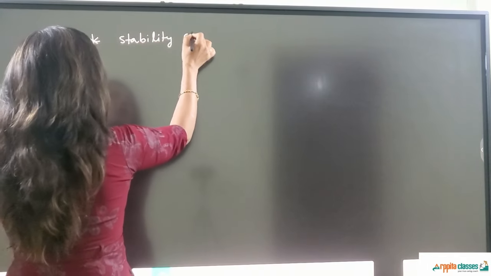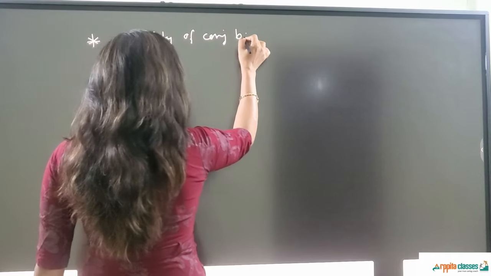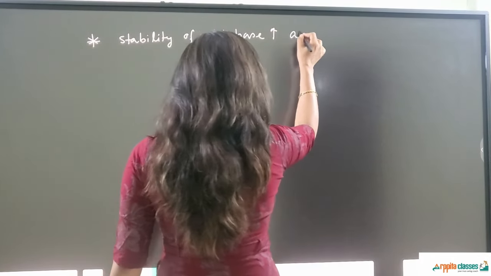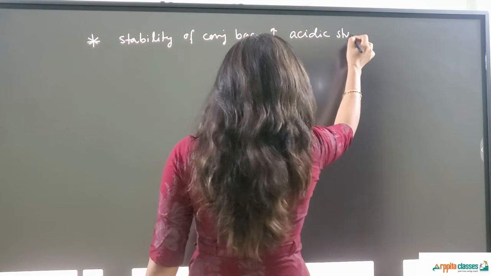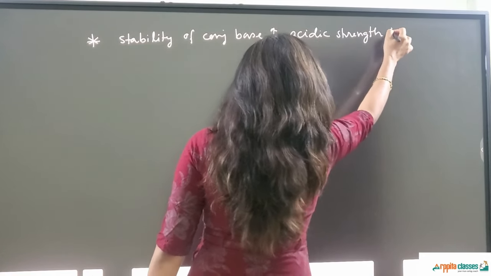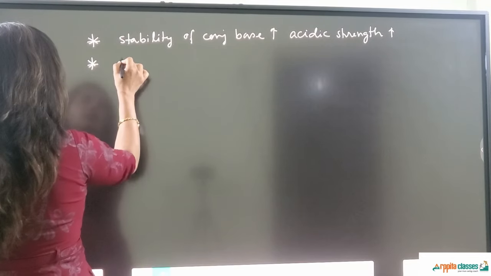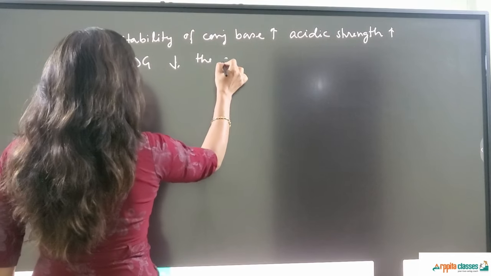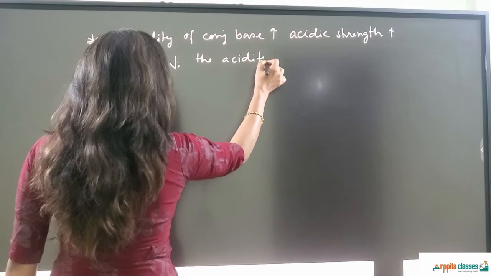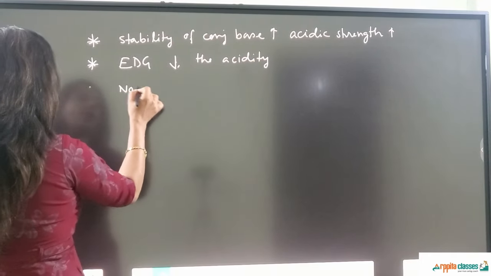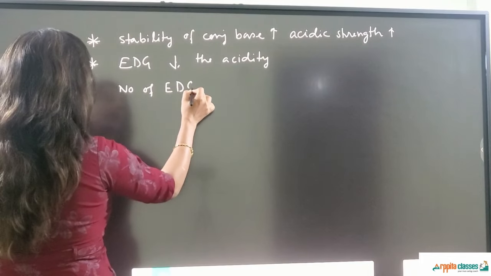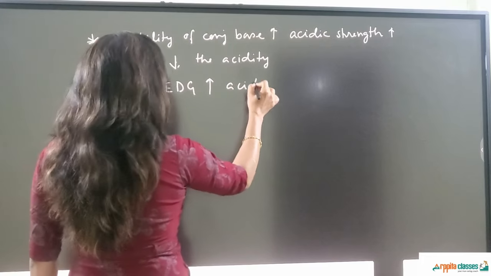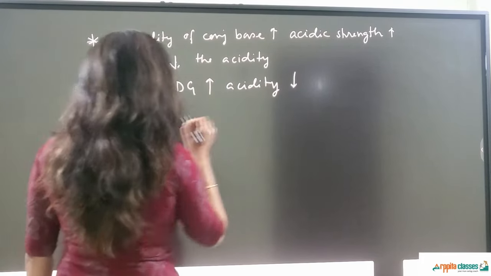The first point is that as the stability of the conjugate base increases, acidic strength increases. The second point is that an electron donating group decreases the acidity. As the number of electron donating groups increases, acidity further decreases.